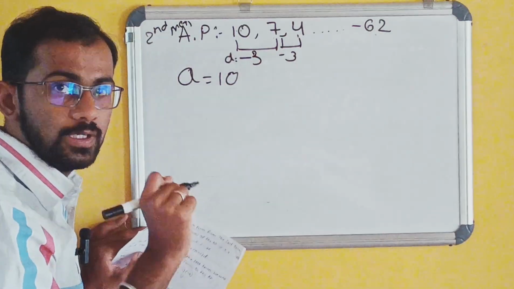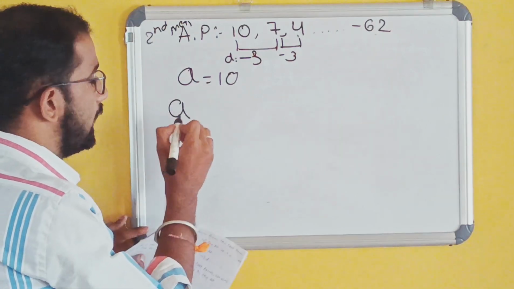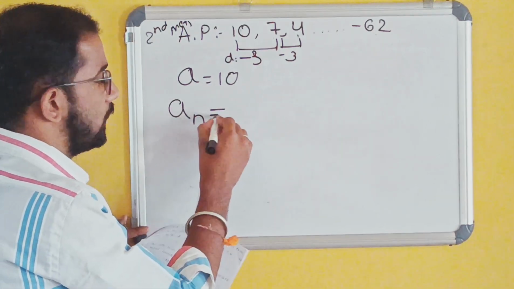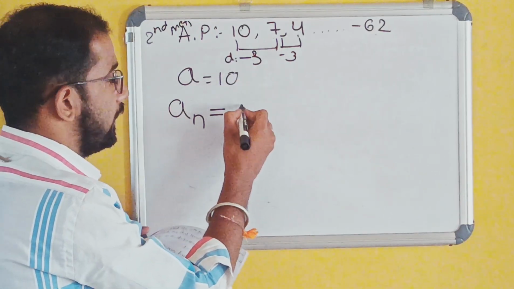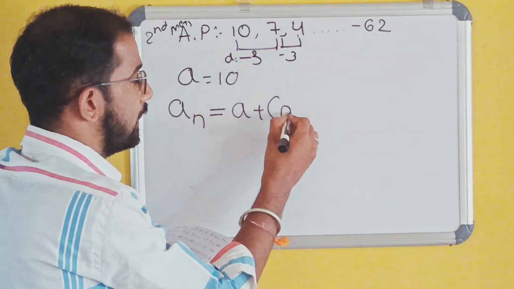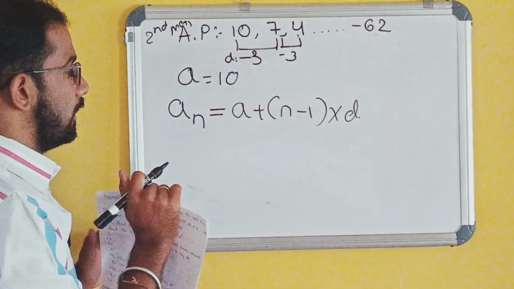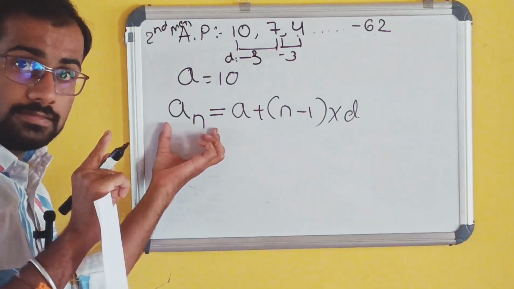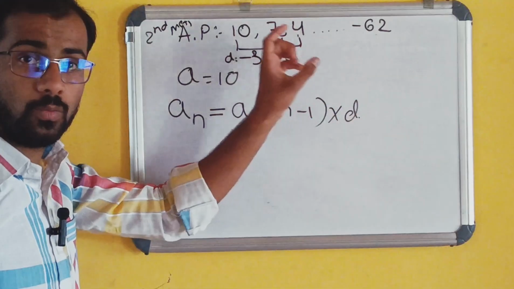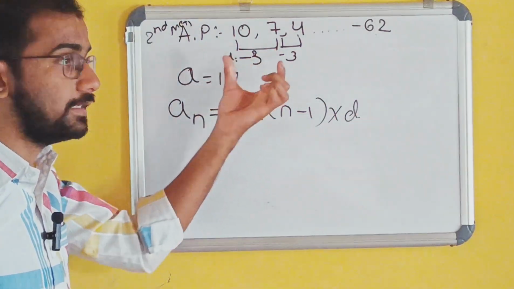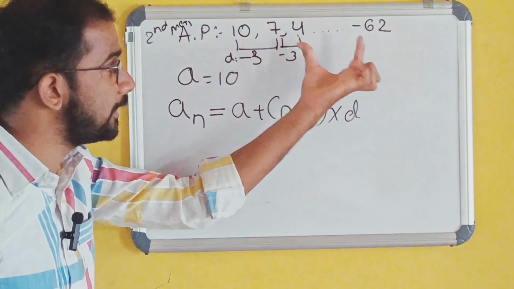Now, let's see how to calculate the value of n. An equals a plus n minus 1 into d. An is the last term of the sequence, and in this sequence we know the last term, that is minus 62.